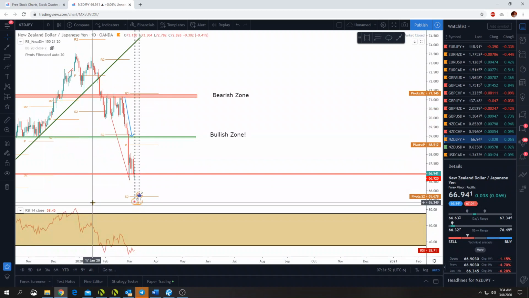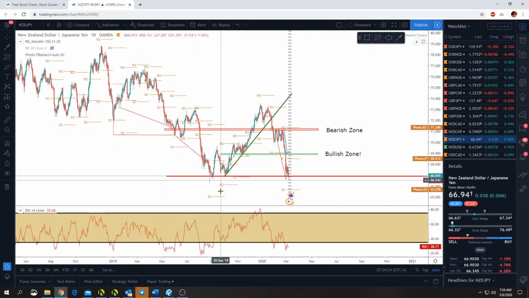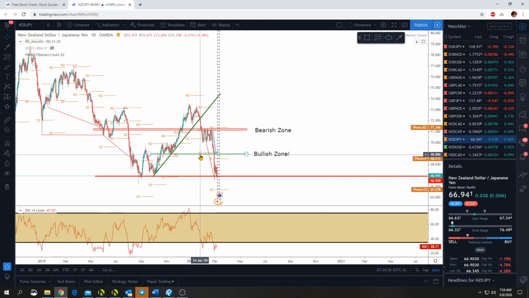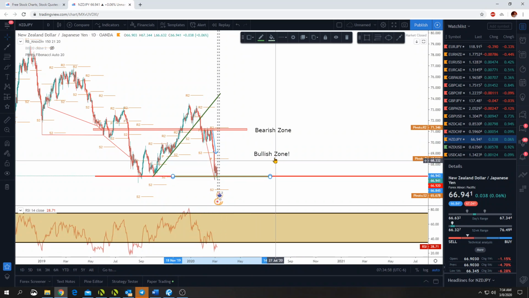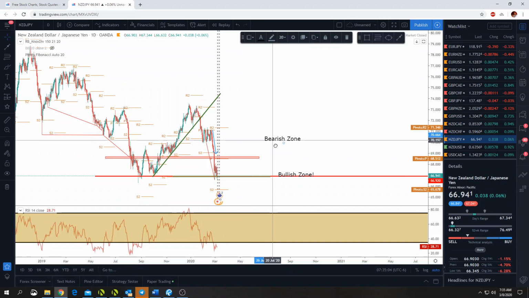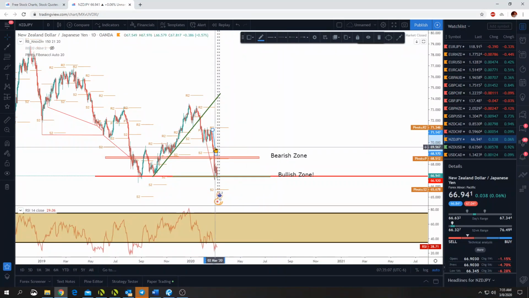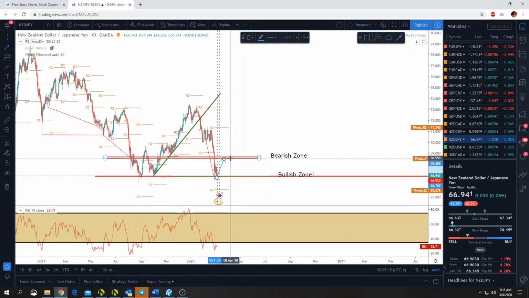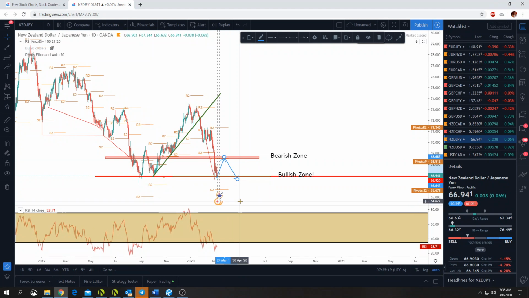NZD JPY. Okay, we are sitting right on a strong support level, and I wouldn't be bearish again until that missed pivot. All right, so let's throw some prediction arrows up to the pivot, and then maybe back down to that support, or to the moon.